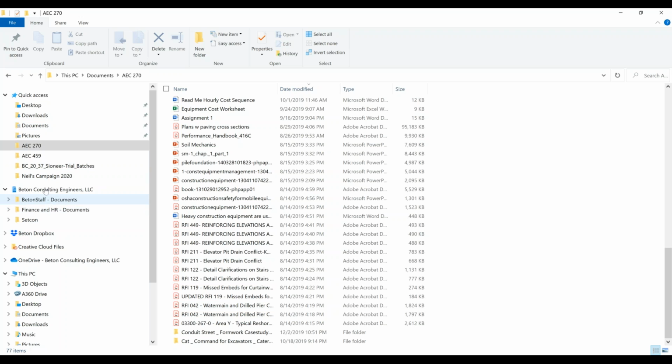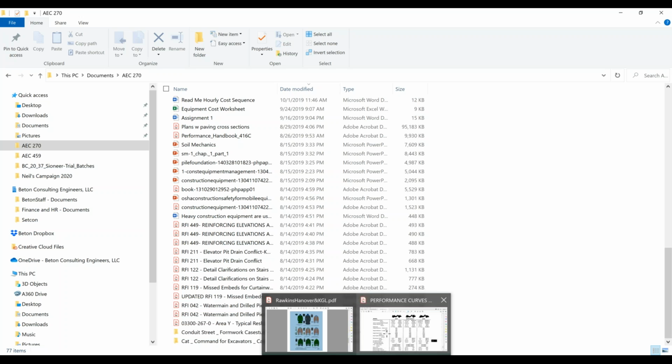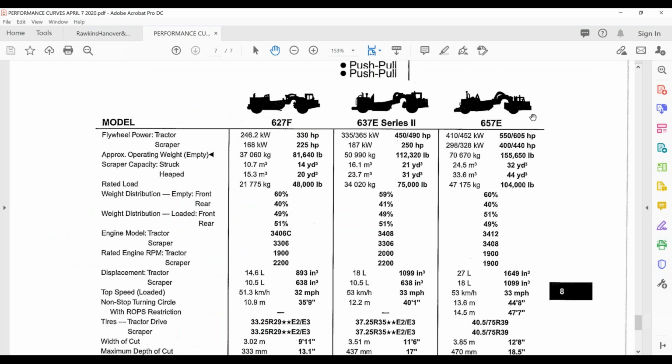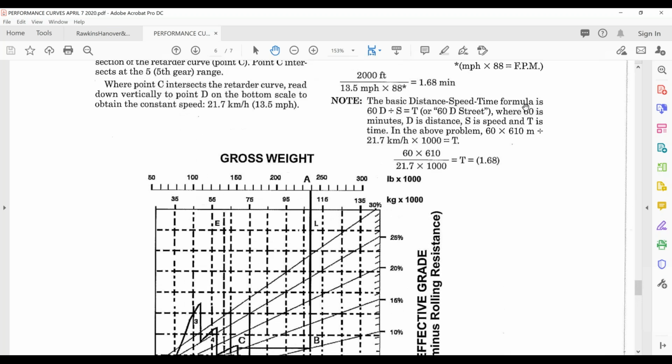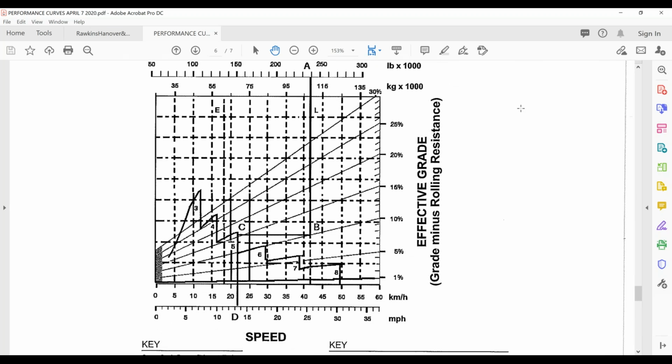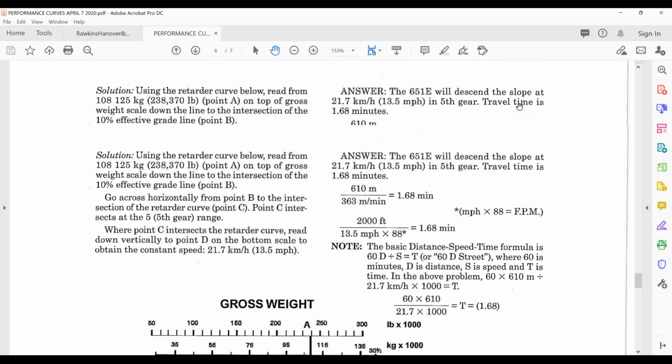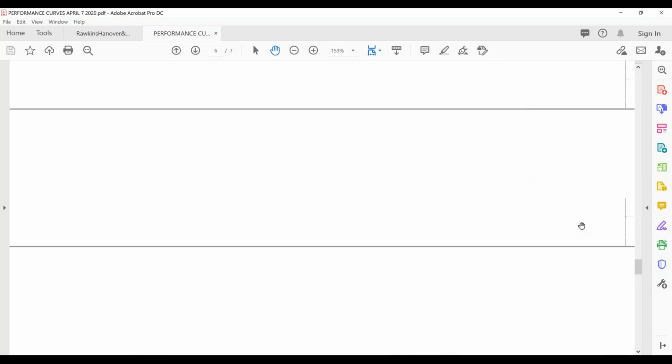So bear with me for one more moment here, and we'll see where we go from there. So we've looked up our equipment. We have what we're going to use here as our brake, our retarder system, and we have our rim pull system.